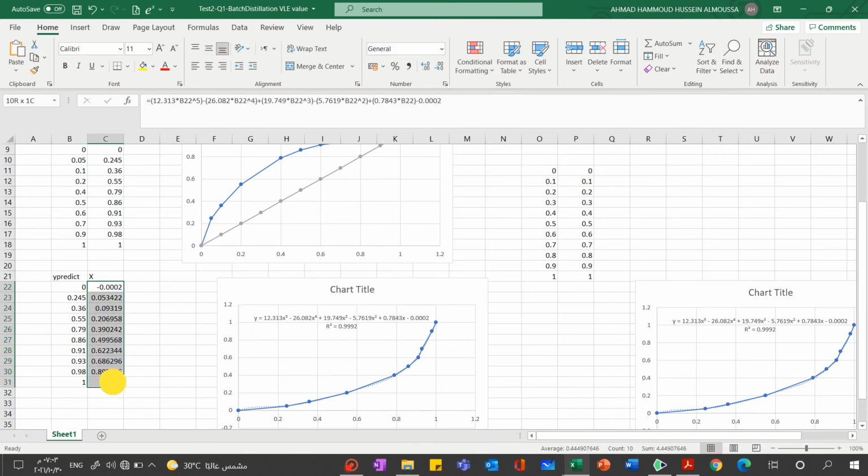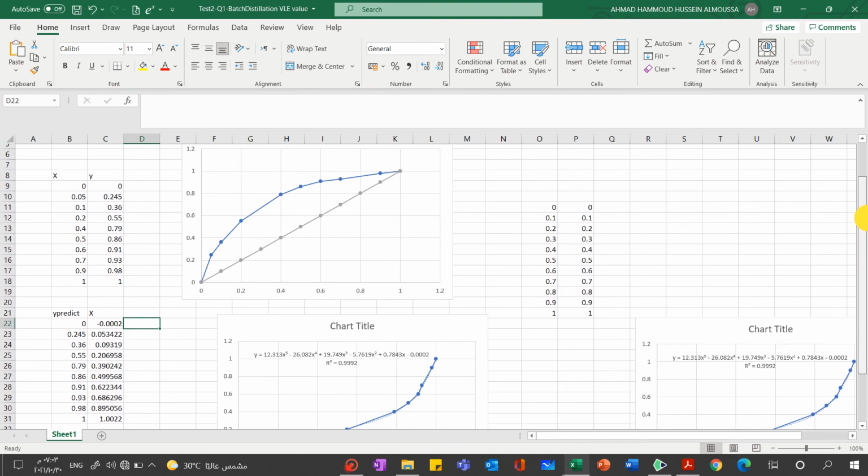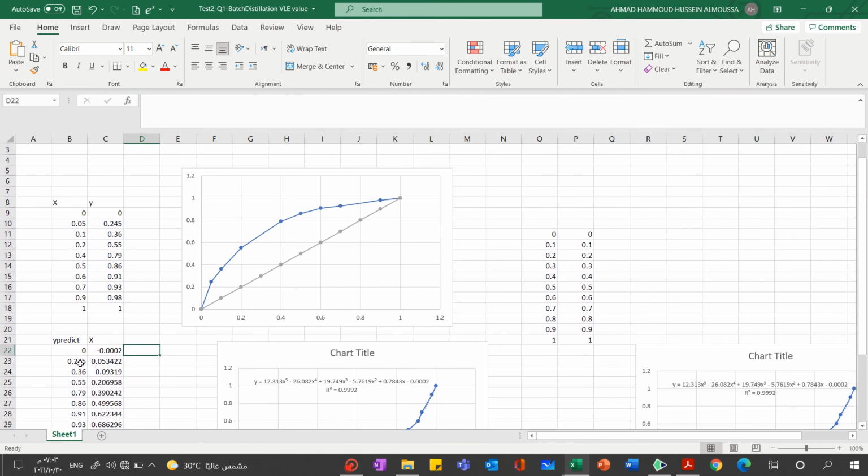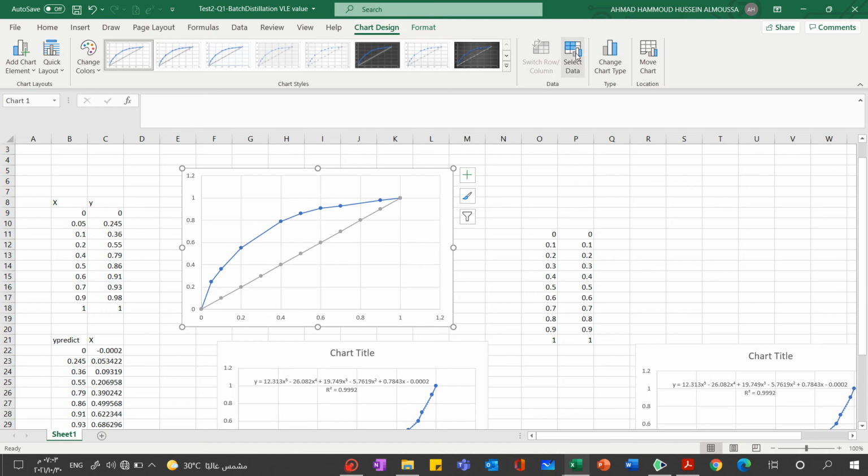So if we draw these values as a chart, like what you will see, it's the predicted one.